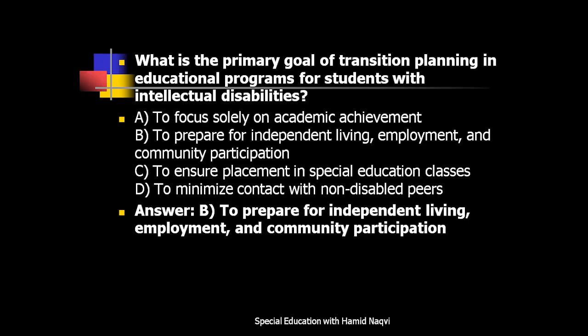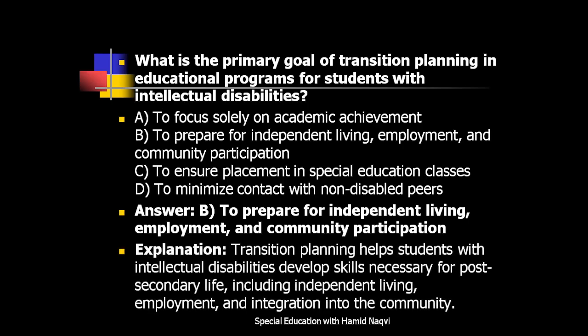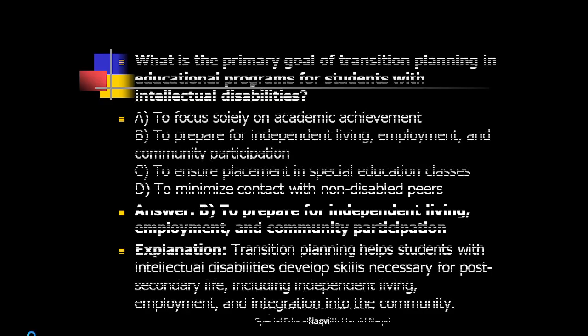The answer is to prepare for independent living, employment, and community participation. The transition plan, we know, helps students with intellectual disabilities develop skills necessary for post-secondary life, including independent living, employment, and integration into the community.